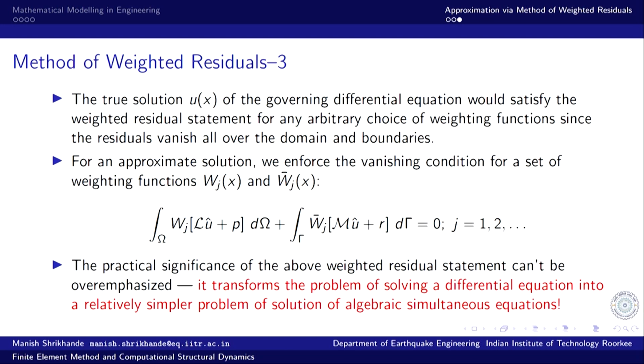So, W j multiplied by r omega integrated over the domain, plus W bar j multiplied by r gamma integrated over the boundary, is equal to 0, and this we do for different sets of functions, j ranging from 1, 2, 3, 4 and any large number as required. So, how many terms do we need? How far do we go?